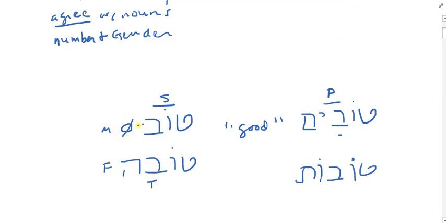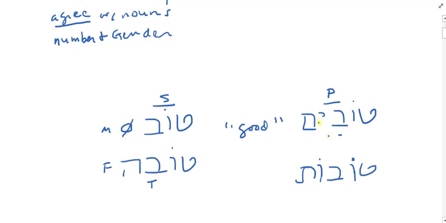And so here, you're going to see the same thing. Tov, when it's masculine and singular, is no ending. So tov. Everybody say that with me. Tov. But if we want to refer to a feminine singular thing that's good, it'll be tov plus the a ending. So we add a to tov. Tova. So everybody, tov, tova.